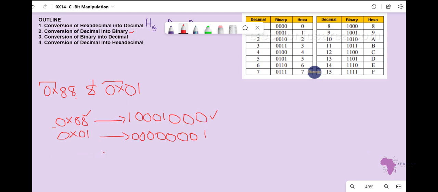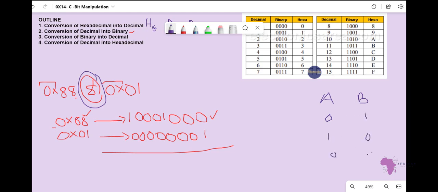So what next? What do we do next? In this case, we have been given AND. So what are you supposed to do? In AND, they have two values, A and B, and then we have 0, 1, 1, 0, 0, 0, 1, 1.